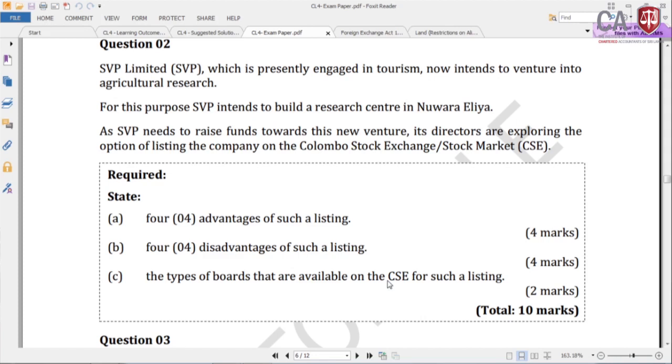SVP Limited, which is presently engaged in tourism, now intends to venture into agriculture research. For this purpose, SVP intends to build a research center in Nuwara Eliya. As SVP needs to raise funds towards this new venture, its directors are exploring the option of listing the company on the stock exchange, the stock market.